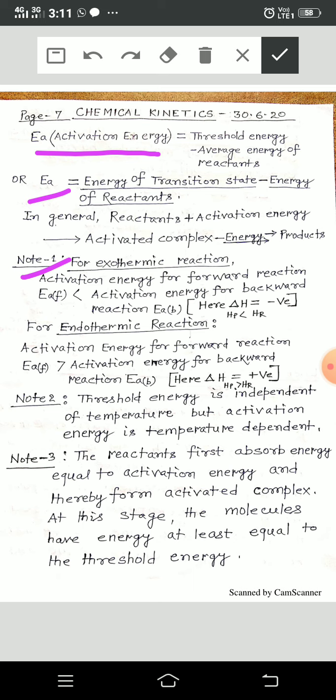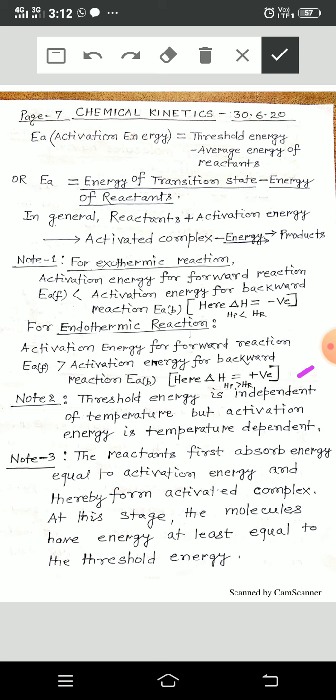That's why for the exothermic forward reaction, delta H is negative, where Hp is less than Hr, and in an endothermic reaction, delta H is positive and Hp is greater than Hr.